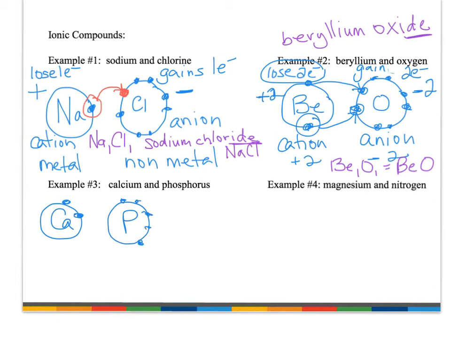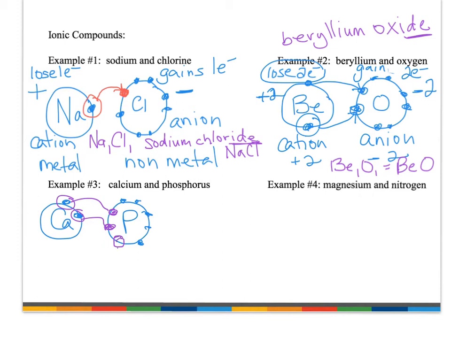So we can see here that calcium is going to lose its 2 electrons and give them to phosphorus. And then phosphorus, from gaining those electrons, will have 1, 2, 3, 4, 5, 6, 7 valence electrons in its outermost shell. So it's still missing 1 electron right here. So let's see how that works.